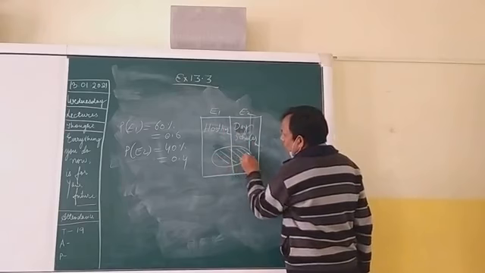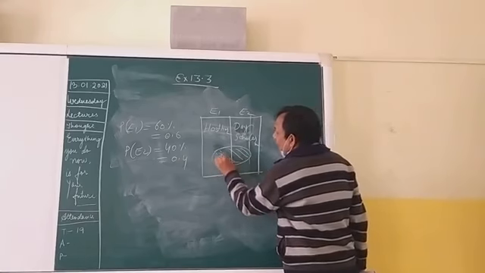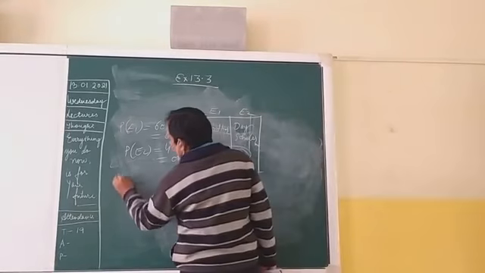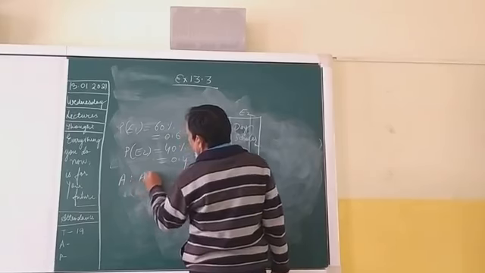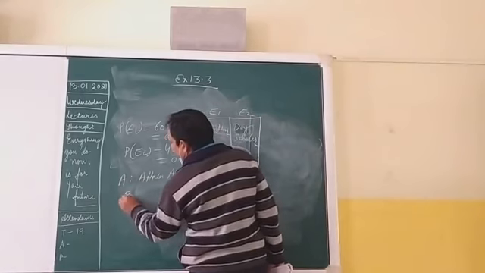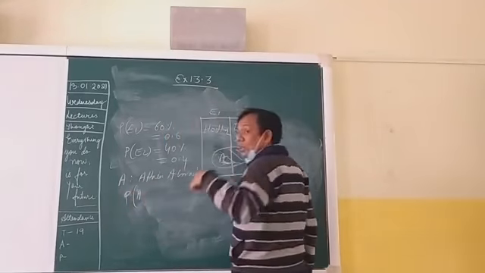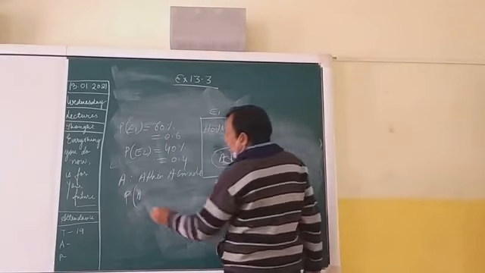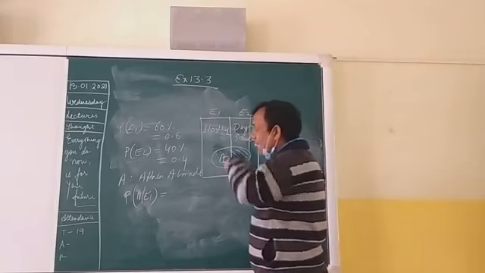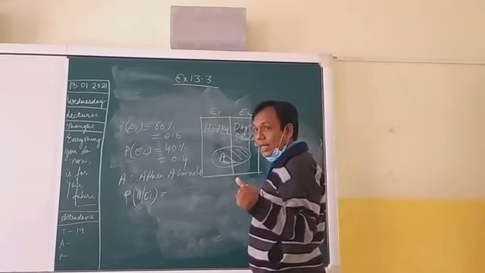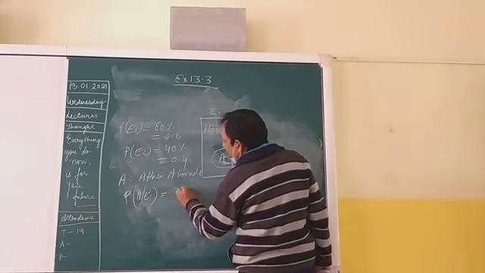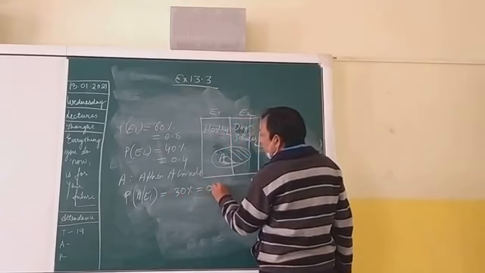Let A be the event of attaining grade A. So you will write A: attain A grade. According to the question, from the previous year's record, it is found that P(A|E1), that is the student attains A grade if he is a hostelier, has probability 30%, which means 0.3.